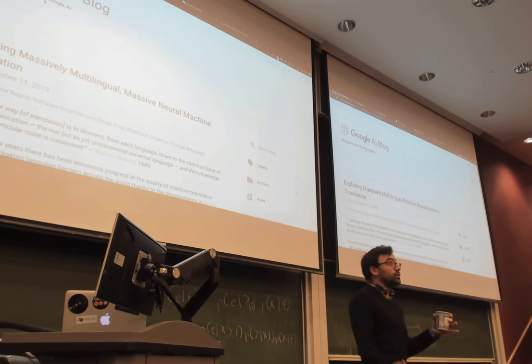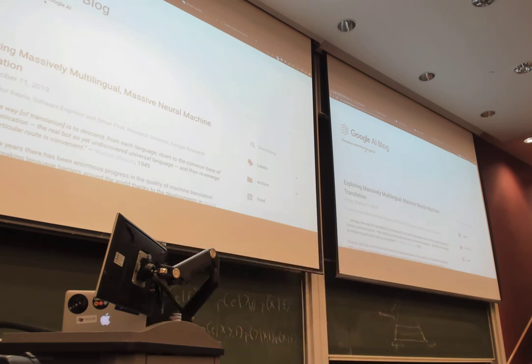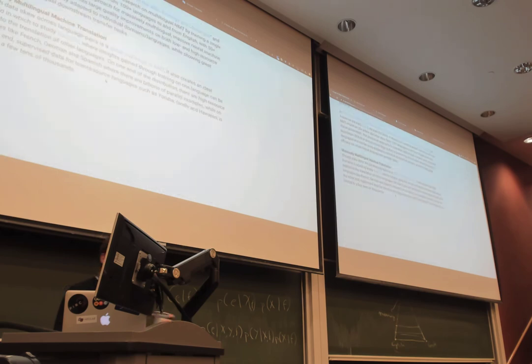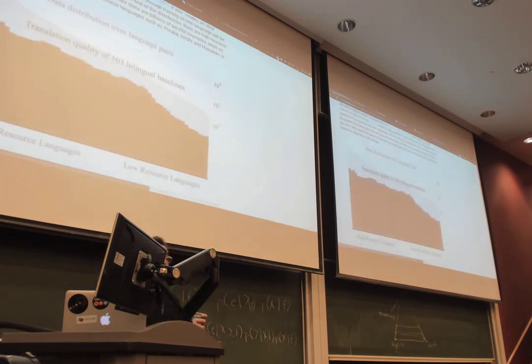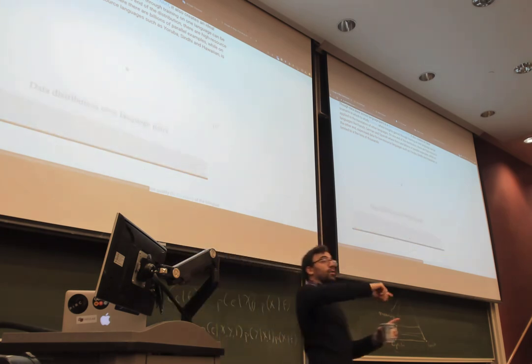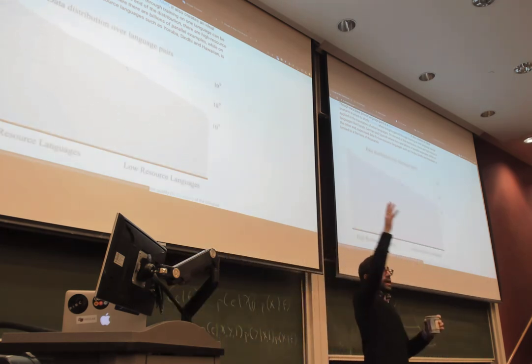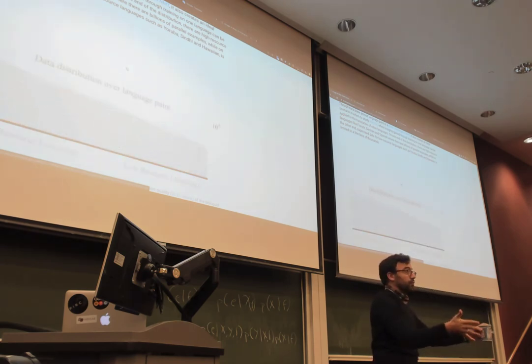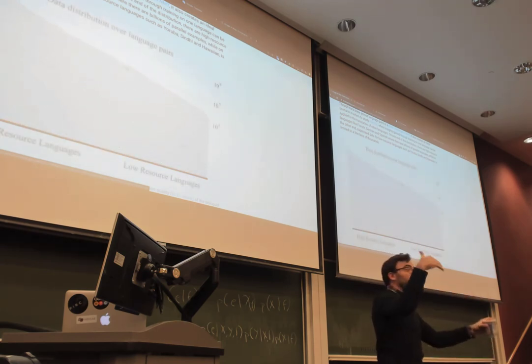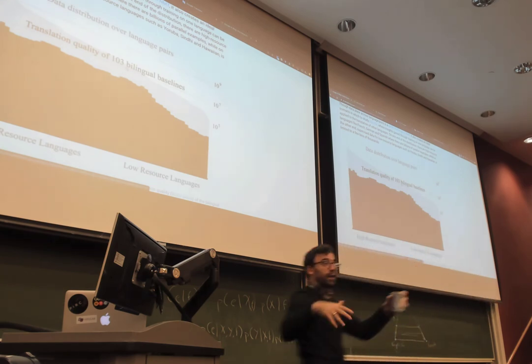So how do you train a system to translate from Swahili to Urdu if you don't have any Swahili to Urdu data? So the idea here is that they trained a single system over 103 language pairs. So you have 103 languages and English. So you can train for translating from all of those into English or from English into all of those.